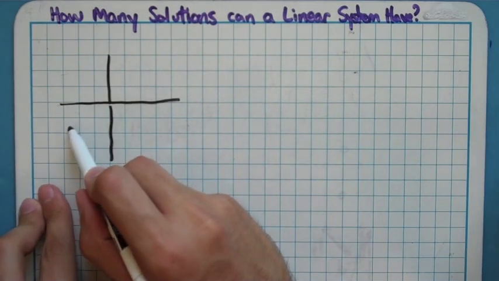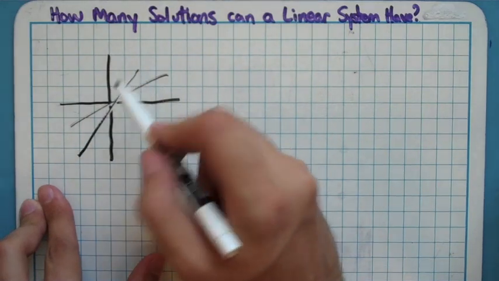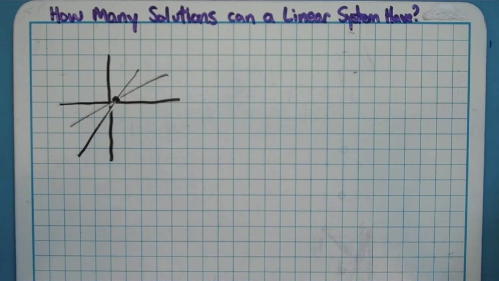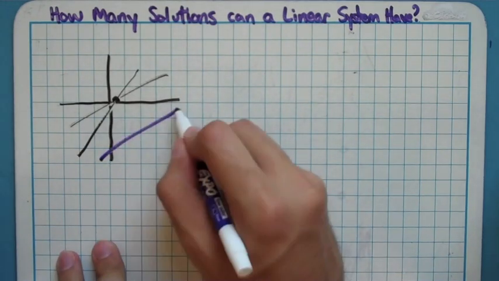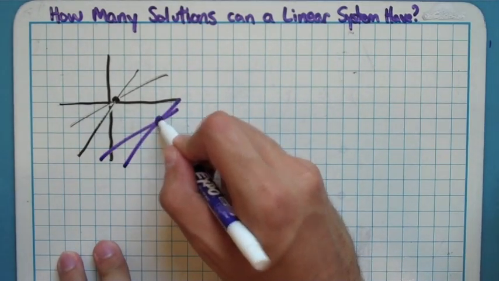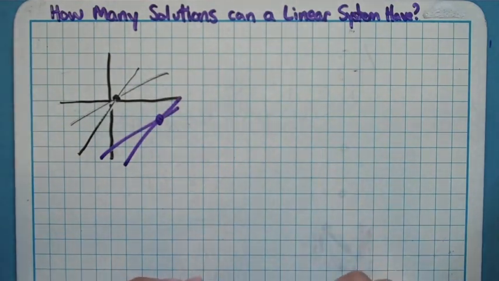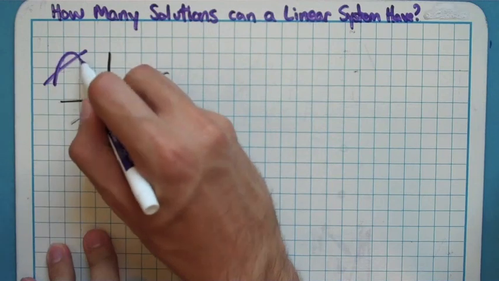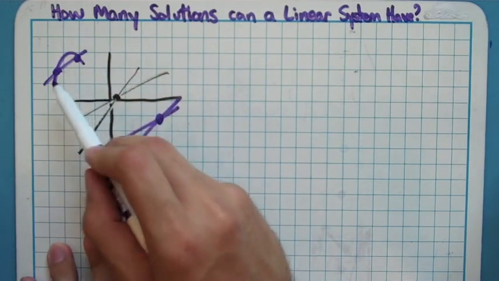So if you draw two lines, they typically cross in just one spot. If those were my two lines, that would be my solution. If it was these two purple lines right here, that would be my solution. There's really not a situation where you have a line and then two solutions where it crosses twice, that's not even a line.